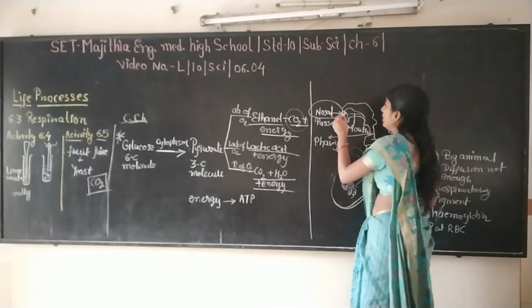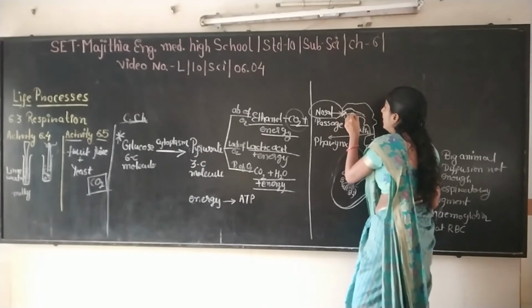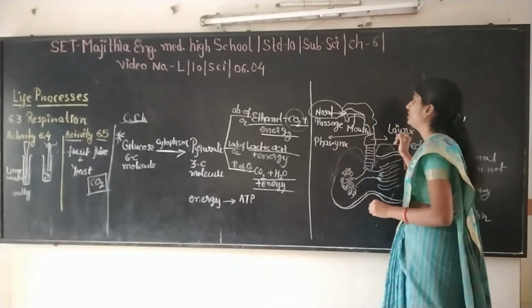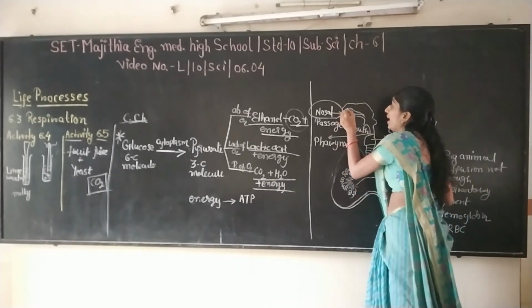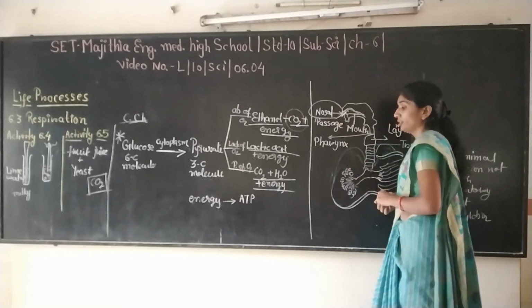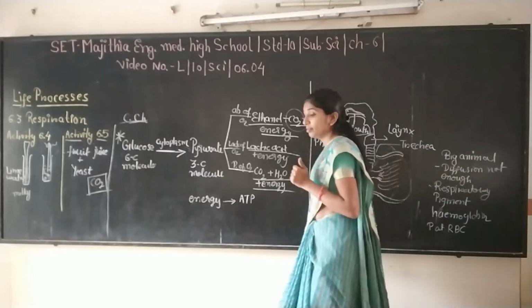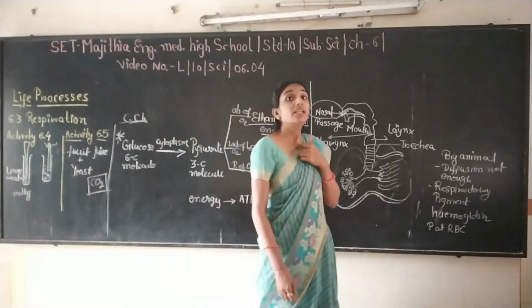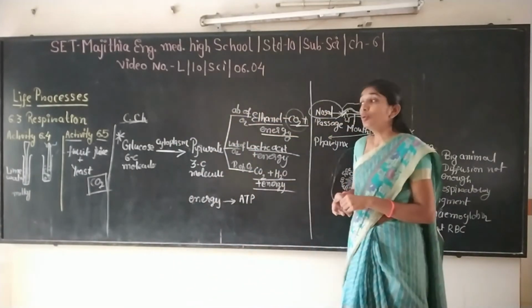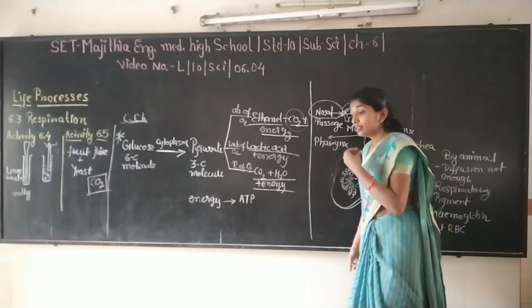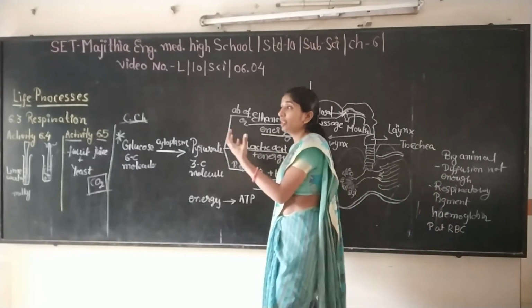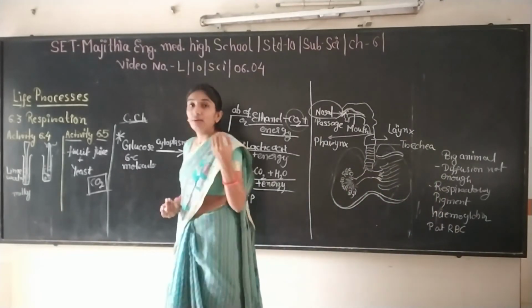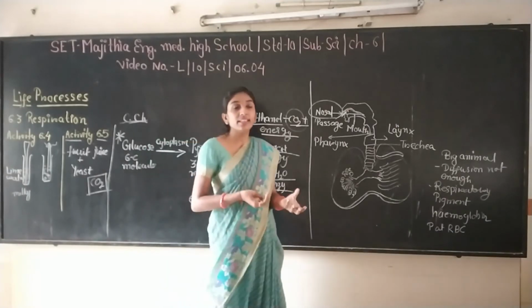This air is going to pass through the nostril passage, and this passage has fine hair as well as mucus. Mucus is a sticky substance which is present in your entire nostril passage. So what does it do? With the air, sometimes you will observe there is something like a dust particle or anything like that.